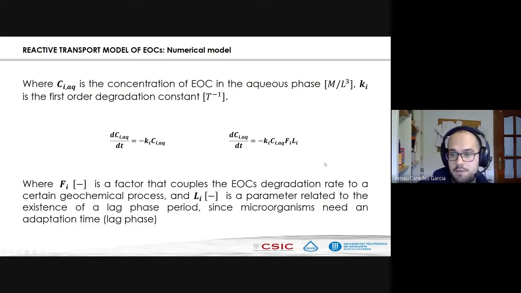So this would be the initial way to see these processes, but we wanted to go further and define this first order degradation coupled with the biogeochemical processes defined in the nutrient cycle, and also some sort of lag phase or activation phase for the bacteria.